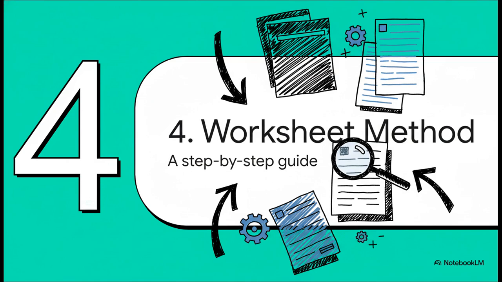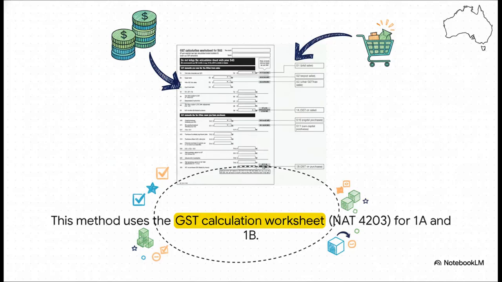This is a much more guided, step-by-step way of doing things, and it's really useful for businesses whose records don't automatically separate the GST on every transaction. The heart of this method is the ATO's official GST calculation worksheet, Form NAT 4203. Basically, its whole purpose is to act as a guide.